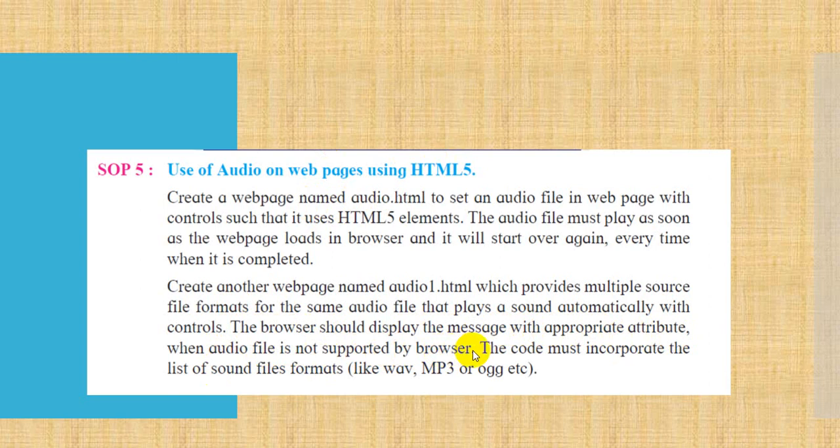Currently we have executed, and our audio file is playing. So no problem, if your file is running, no problem. But the question says that if your audio file is not supported by your browser, you have to display a proper message.